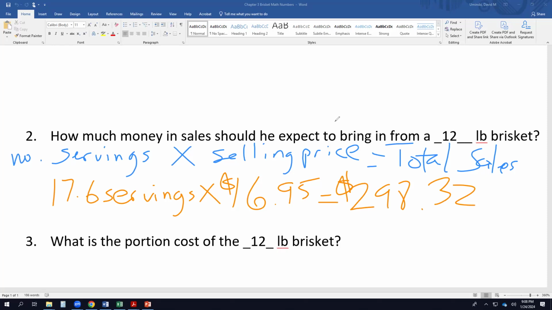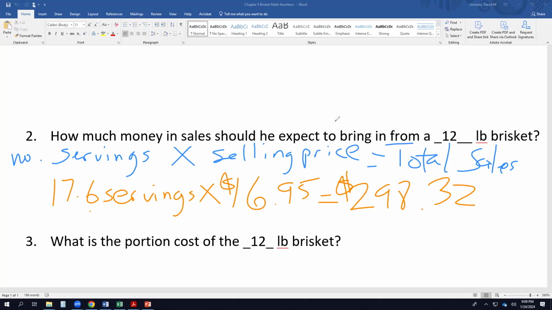Now, this is taking into account 0.6 of a serving. Can I sell somebody 0.6 of a serving? No, I don't want to short somebody. So what we could do is call it 17 servings, and that way, just in case our pit master gives somebody 7 ounces instead of 6 ounces, it's still covered because we have this 0.6 as kind of a grace period, a little bit of extra.